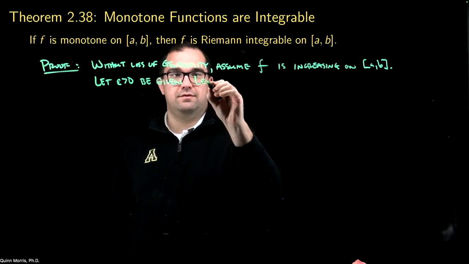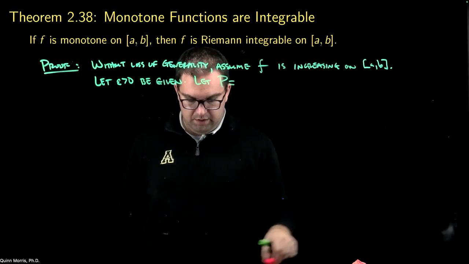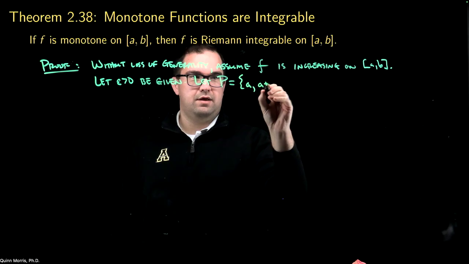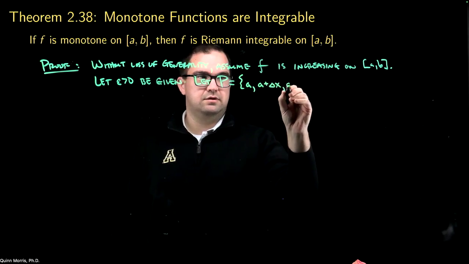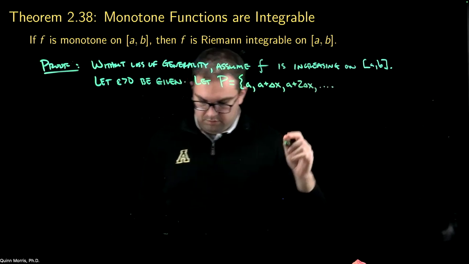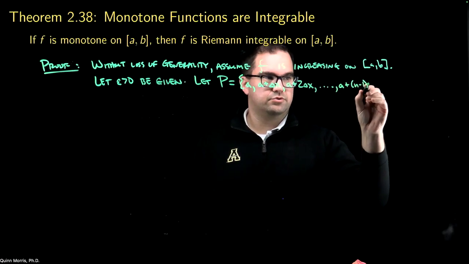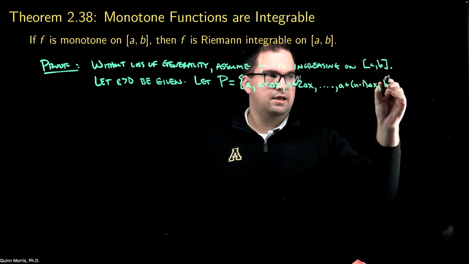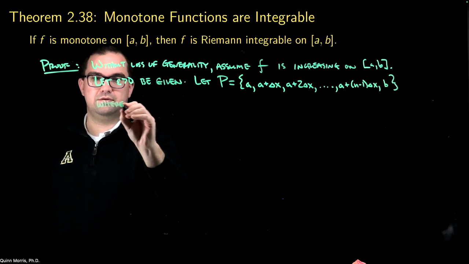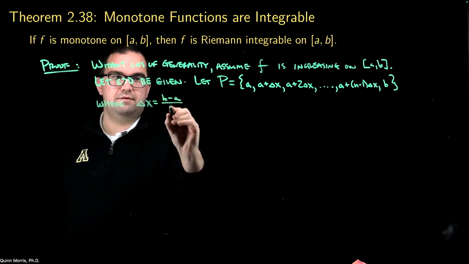So I'm going to let P be the partition a, a plus delta x, a plus 2 delta x, and so on and so on, up until I get to a plus (n minus 1) delta x, and then finally b, where delta x is just the quantity (b minus a) over n.